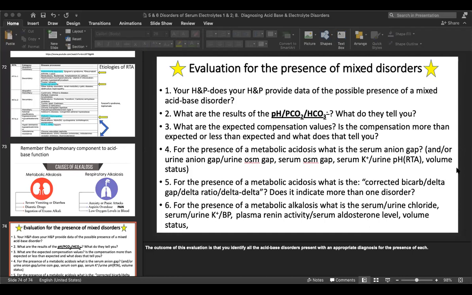And then if I have a hyperosmotic serum and an increased urine sodium, what IV solution would I treat them with? Few more seconds. Okay.